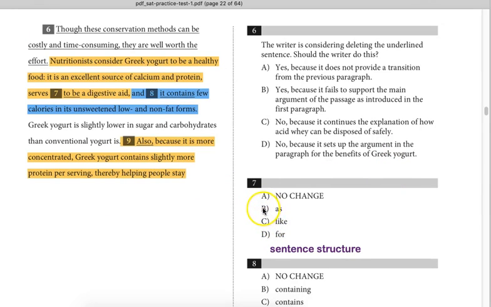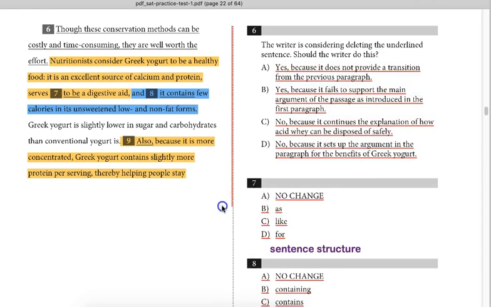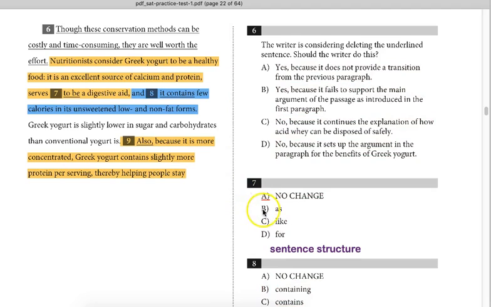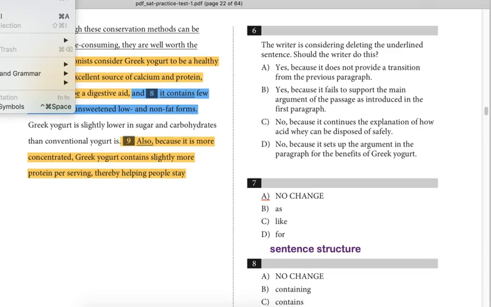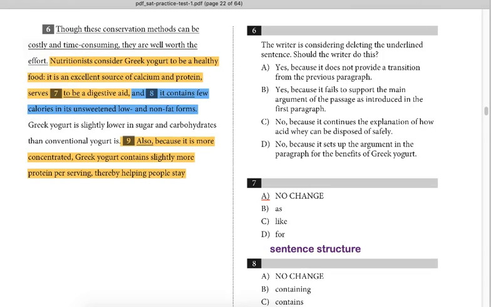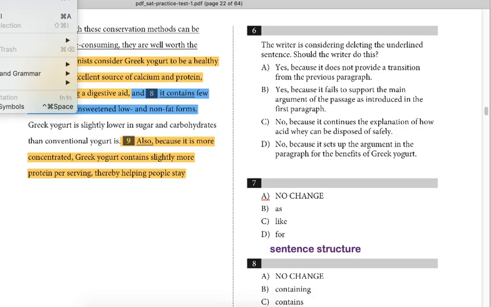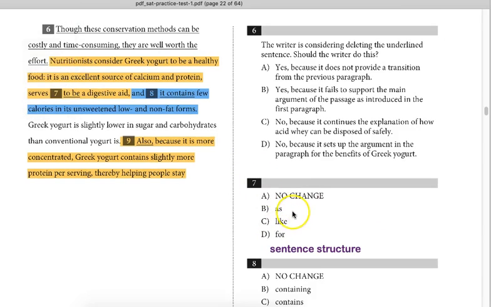Okay? And again, there are rules that govern the use of the word as. Okay. So as is the correct answer for this one here.